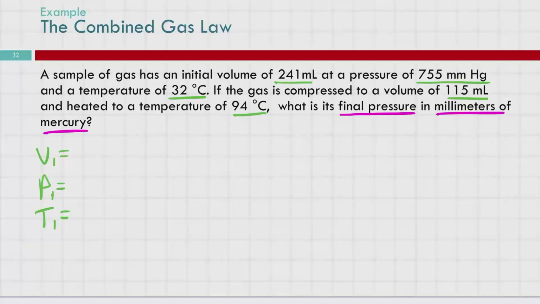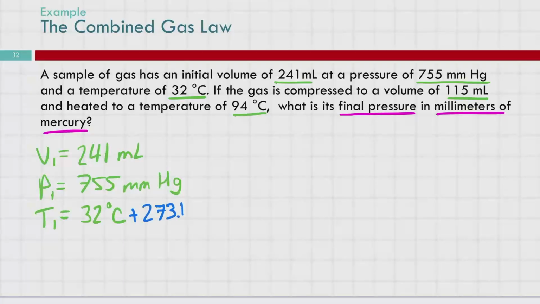It doesn't matter. You can give them the 2 instead of the 1. The important part here is that we get these all together. And we need to convert our degrees Celsius, so we add 273 and some change.